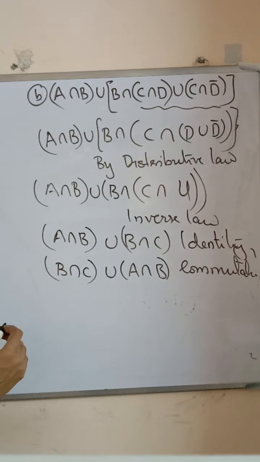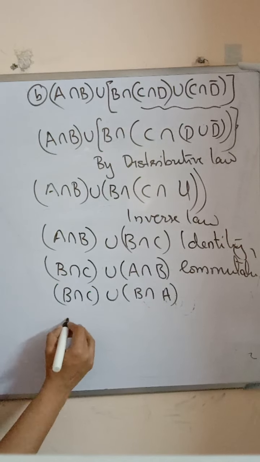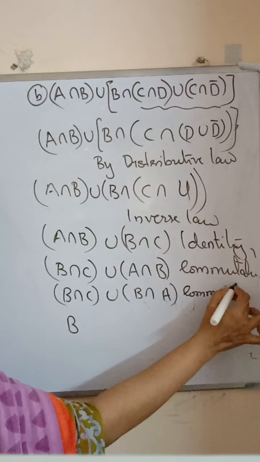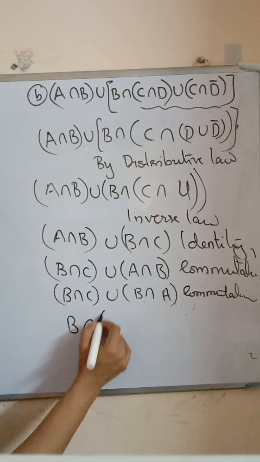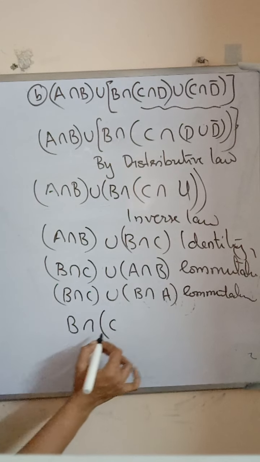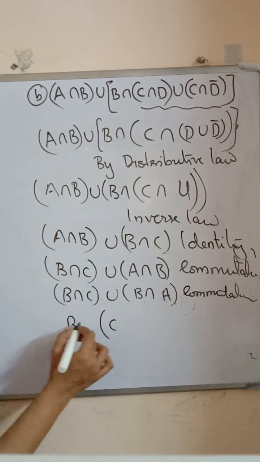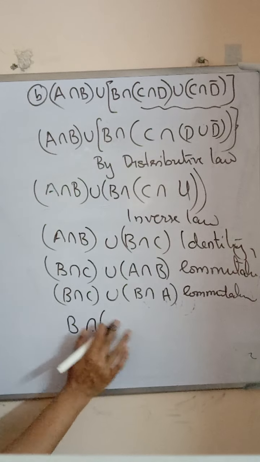We get B intersection C union B intersection A. Then here also we use the commutative law. Then by using the distributive law, this is B intersection (C union A).